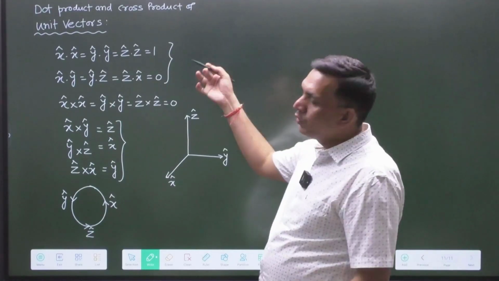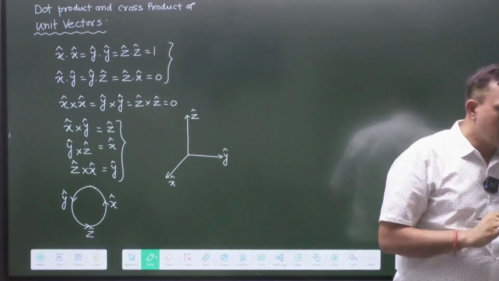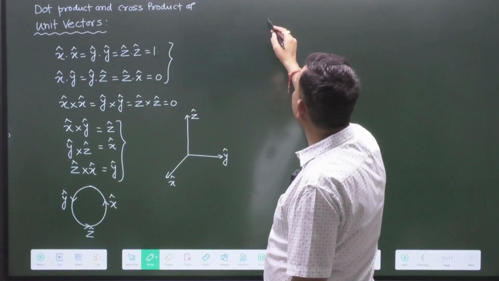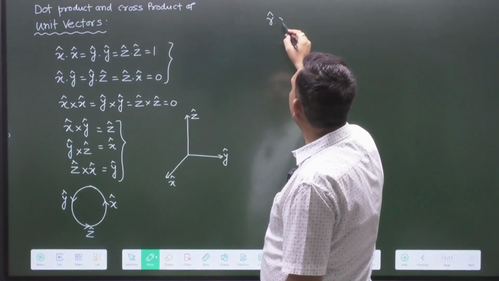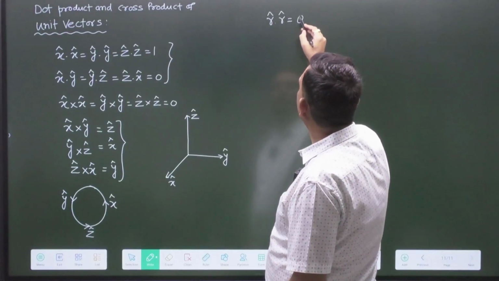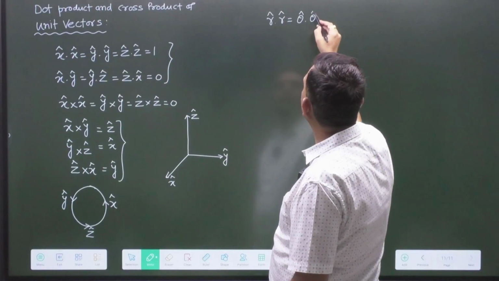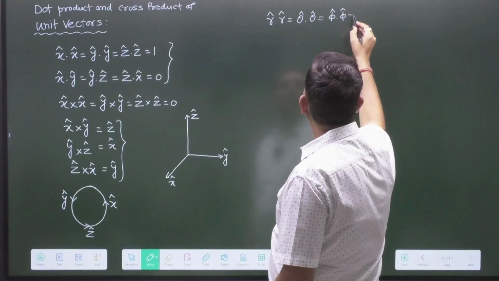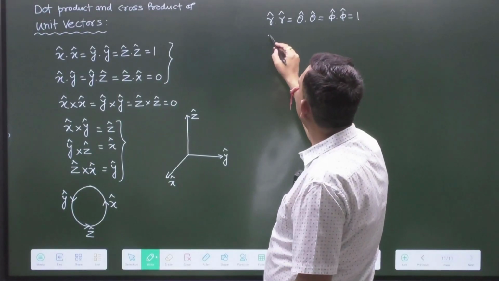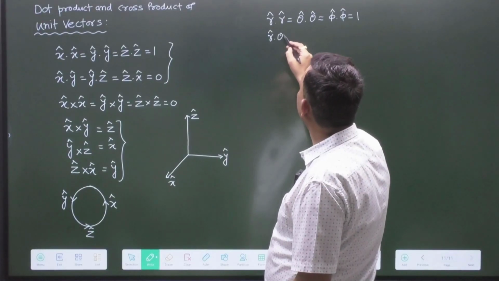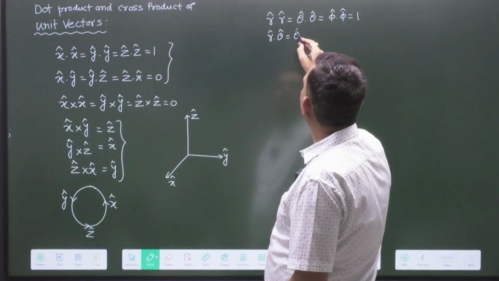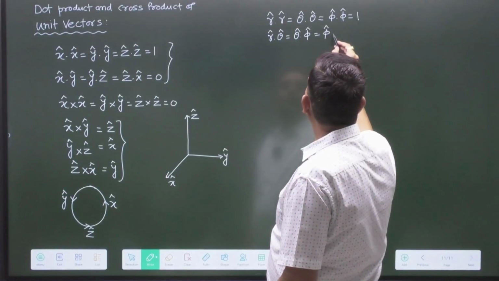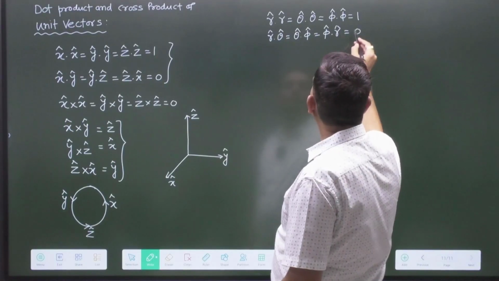In the same way, you can write dot product and cross product of r cap, theta cap and phi cap. So r dot r is theta dot theta is phi dot phi, which is 1, and phi dot r will be 0.